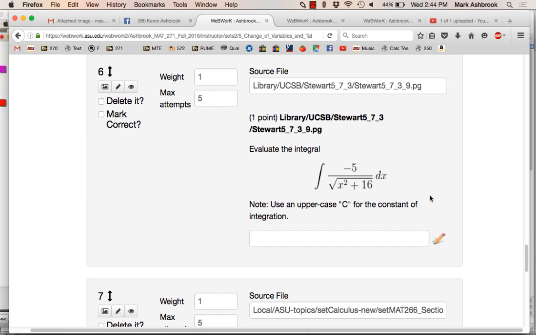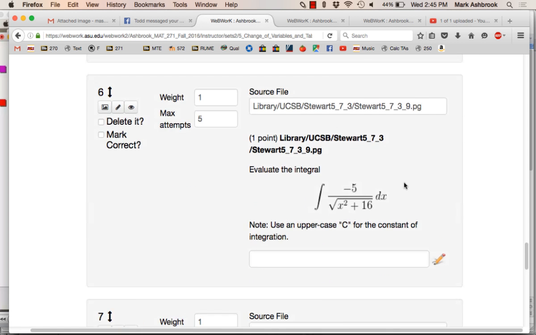So this is negative 5 over the square root of x squared plus 16. You don't even use the substitution there. What could you do for this? Oh yes, exactly. So it's just ready to use the table. So for this one, you're just going to look for the right form. So did you write that down?